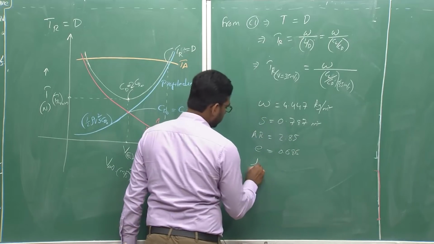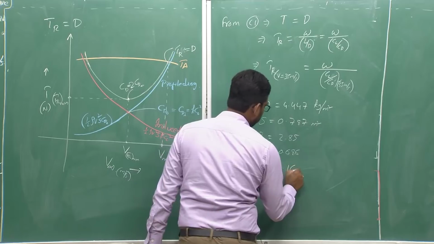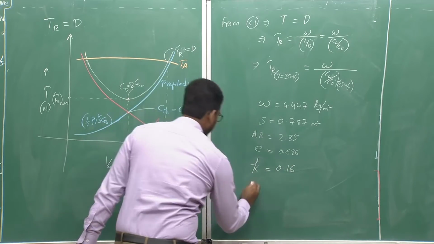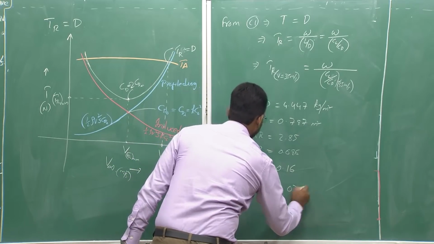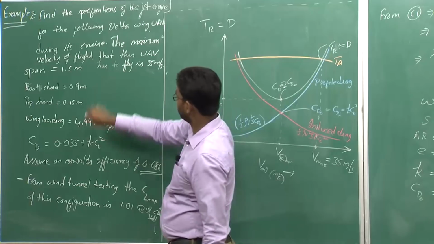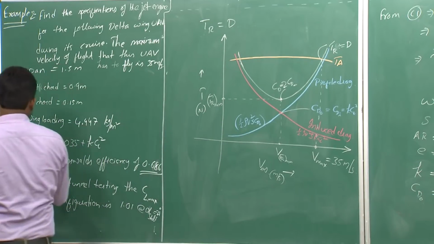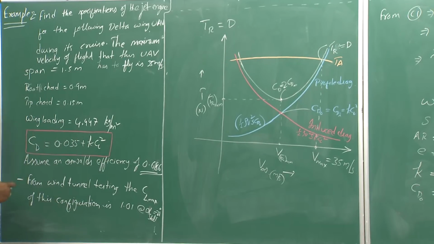So, the corresponding induced drag correction factor is 0.16, right. And from the drag polar we have CD naught equal to 0.035, right.